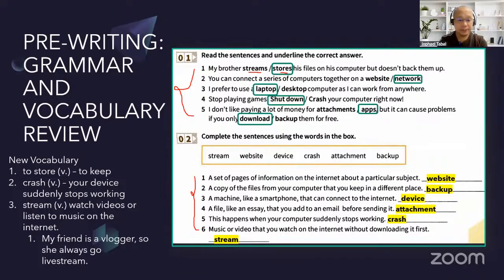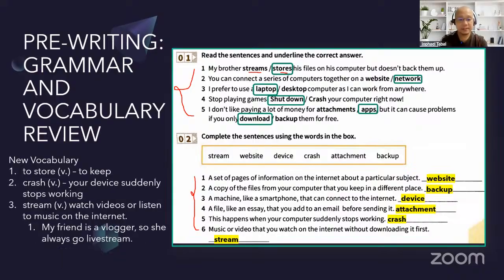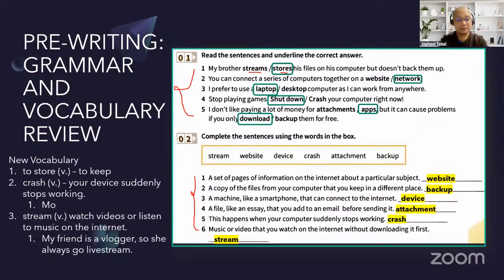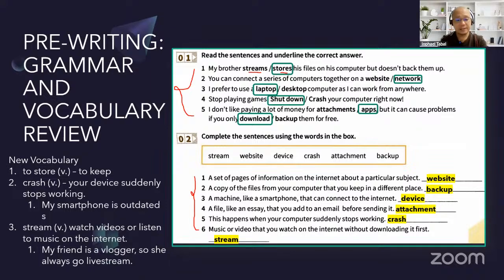And if your computer crashes, okay, so for example, you would say, my smartphone is outdated, okay? Outdated means very old, okay? So my smartphone is outdated, so it often crashes, okay?